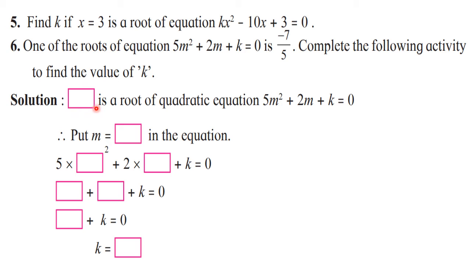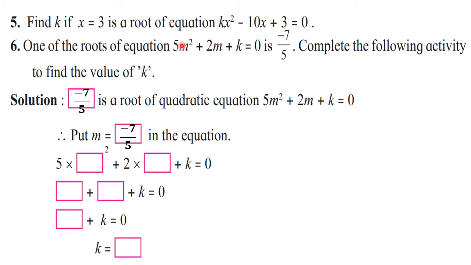See, dash is a root of a quadratic equation. It is clearly given the root is minus 7 upon 5. So here in the first box you will have minus 7 upon 5. This value is going to satisfy this equation, and therefore we can put m is equal to minus 7 upon 5 in the equation.